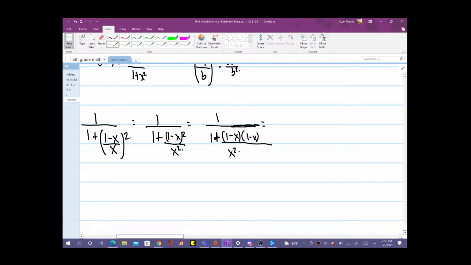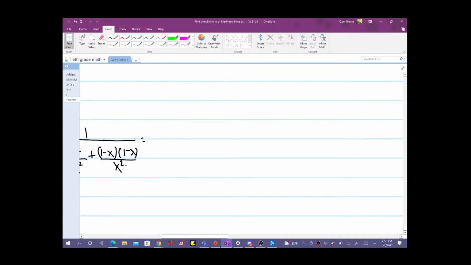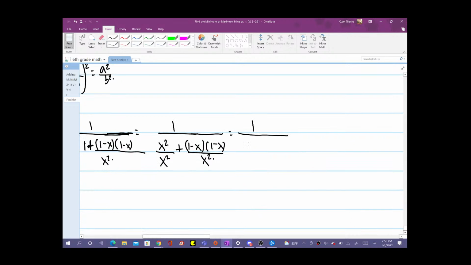This then becomes equal to 1 over x squared plus 1 minus 2x plus x squared, all over x squared, because we're dividing all of it by x squared.